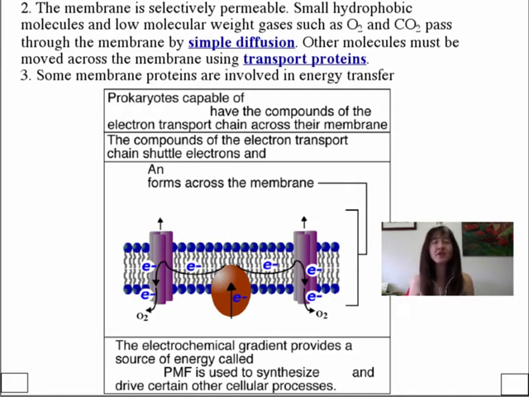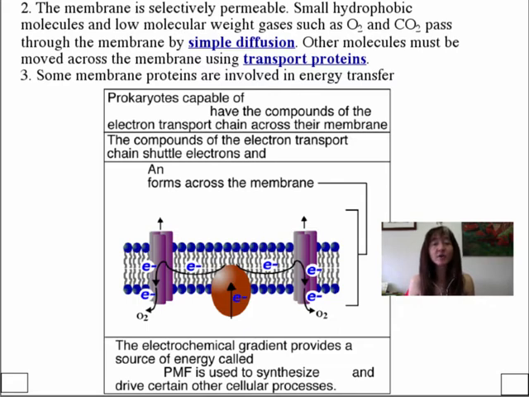So one of the functions of certain integral membrane proteins is actually in energy generation. In energy generation systems, we see these integral membrane proteins playing a very important role in transferring electrons and pumping protons. In prokaryotes, some of them are capable of something that we call respiration. Some of them are capable of photosynthesis.